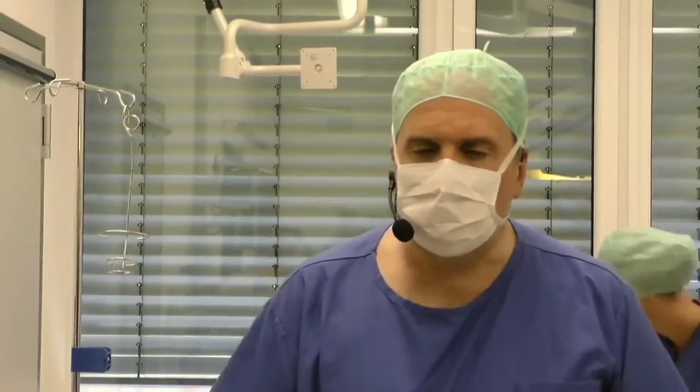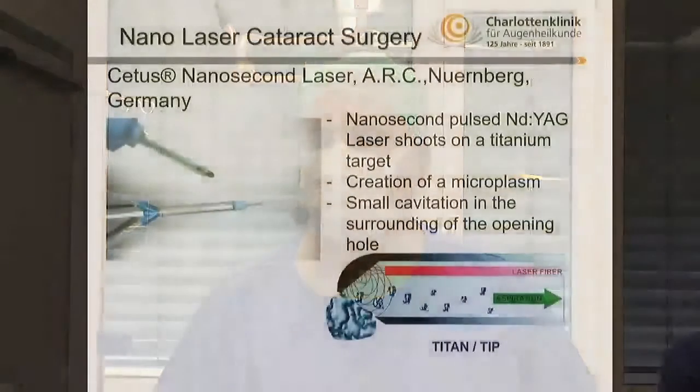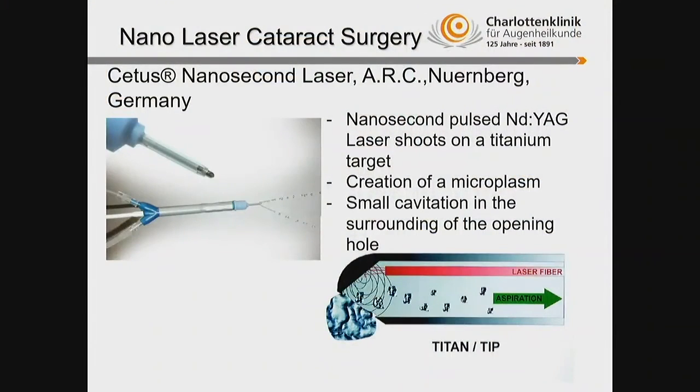After surgery, I would like to focus on some aspects, if you're interested in, of the nanolaser, but only briefly. For those who are not familiar with the nanolaser, there's no laser light coming out of the nanolaser tube inside the eye.